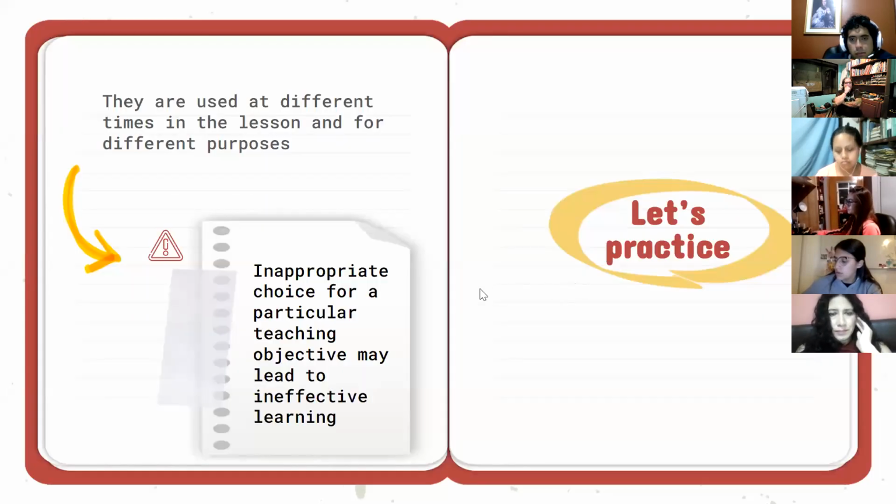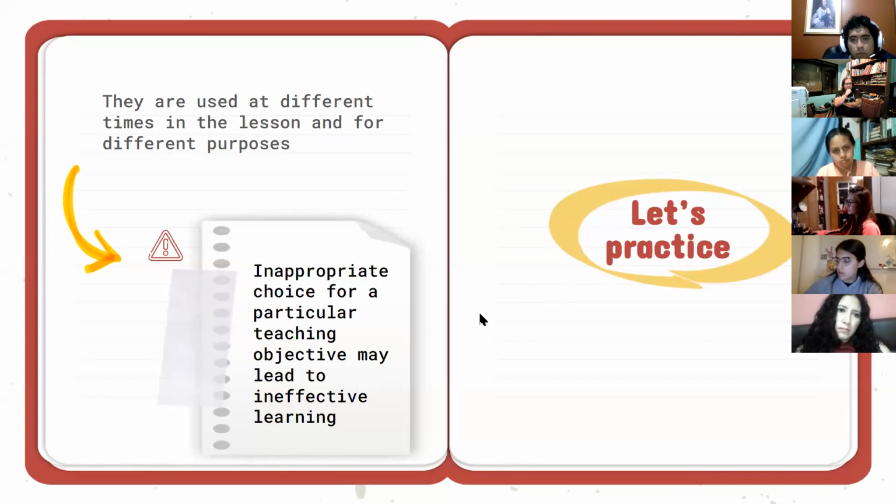So it is important that you know that these patterns are used at different times in the lesson and for different purposes. Remember that an inappropriate choice for a particular teaching objective may lead to ineffective learning. So it is important to use the appropriate interaction pattern.